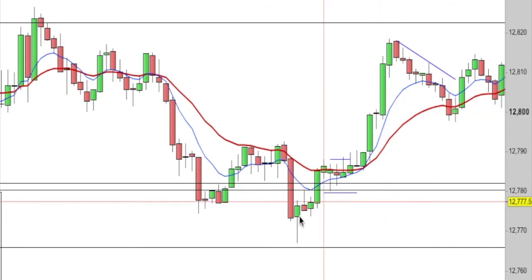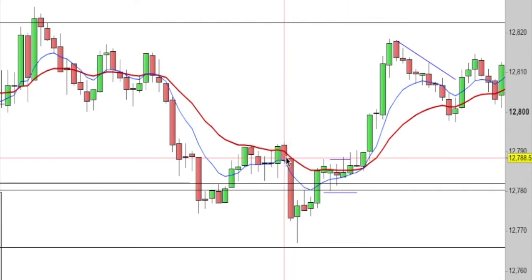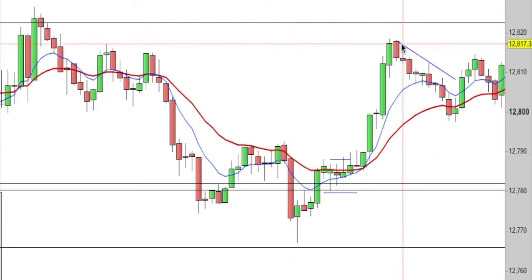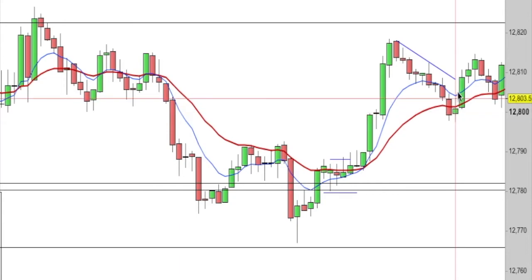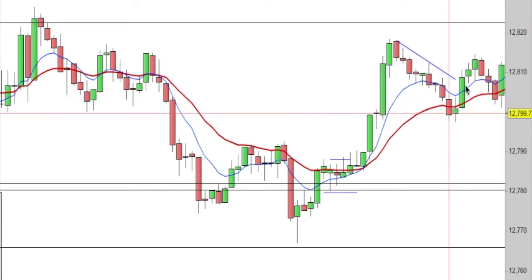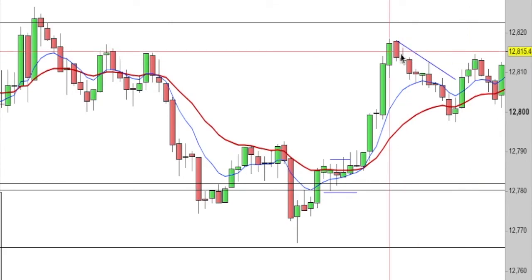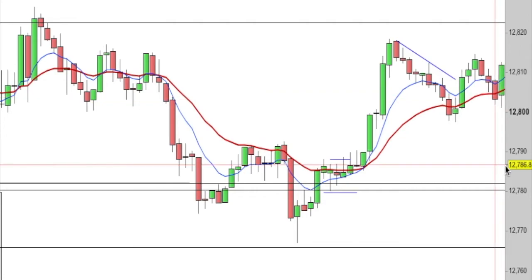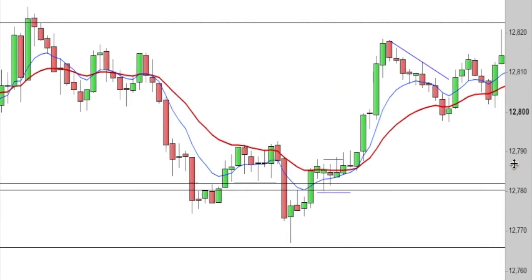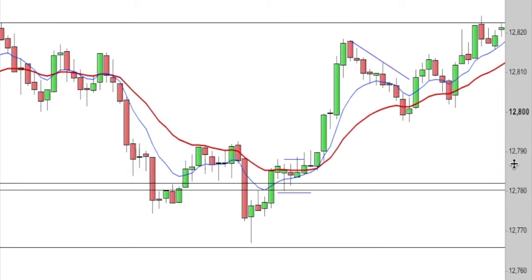You've got a lower low, higher low, high, higher high. So you've got a higher high, higher low, which is good in terms of looking for trend continuation upwards, and then a trading range. So you've got a lower high, this high is higher than this high, lower high, and a higher low. So trading range. And so we wait and see what happens.